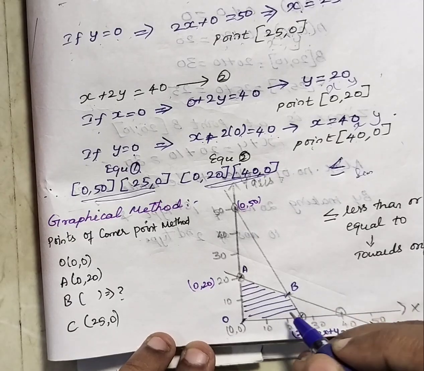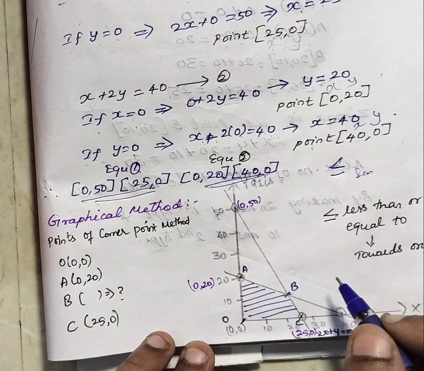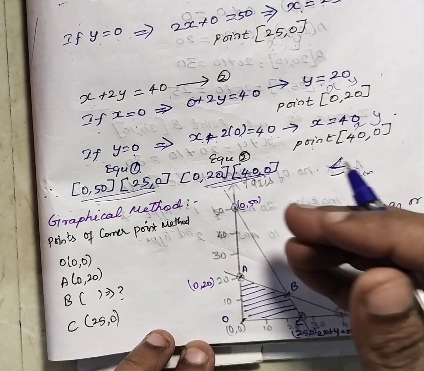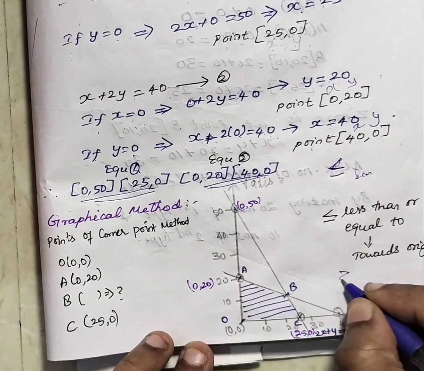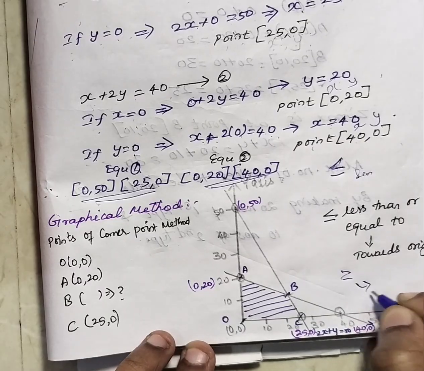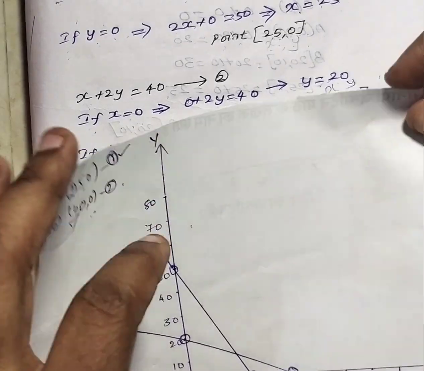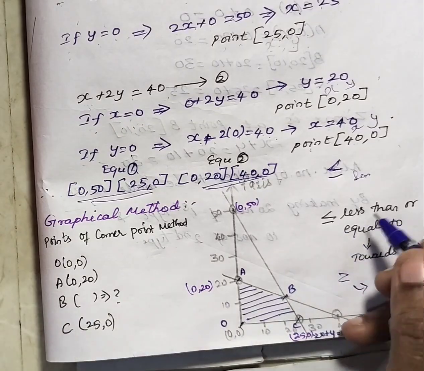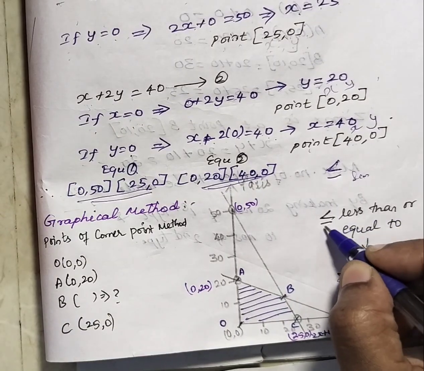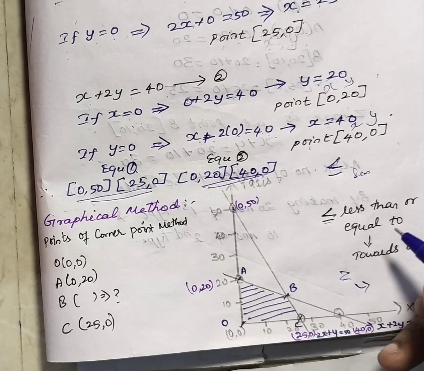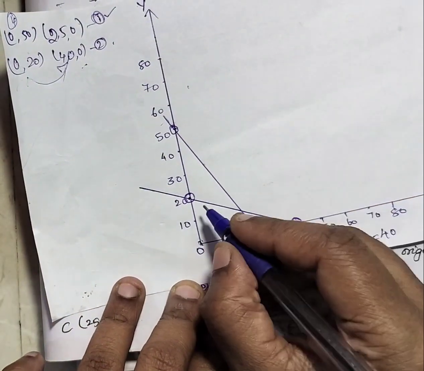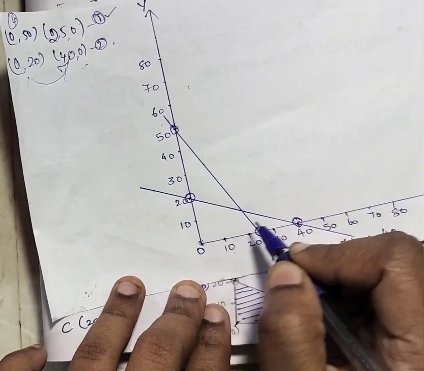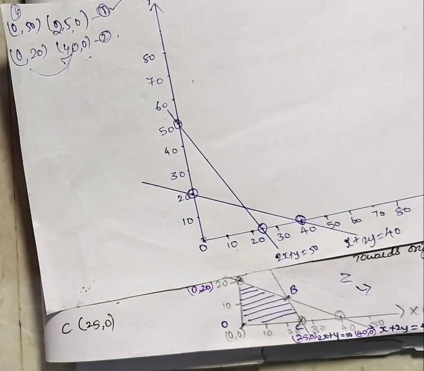If it is a minimization function, it is away from the origin; greater than or equal to means it should be away from the origin. So for the maximization function, less than or equal to will be there, so it should be towards the origin, within the limit.